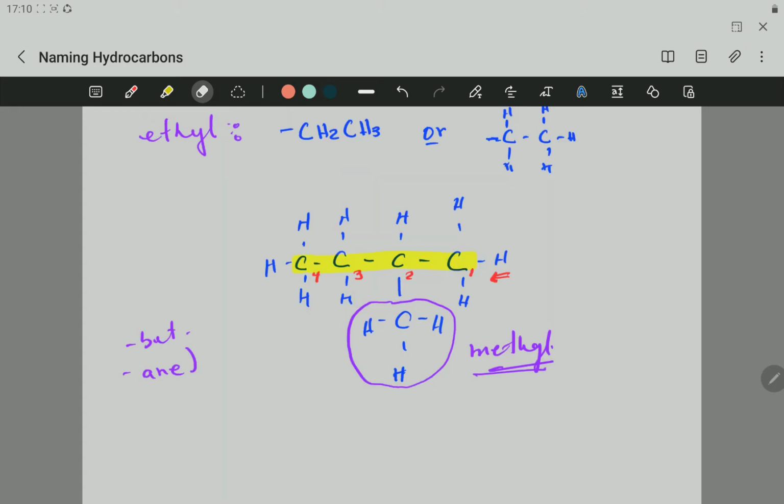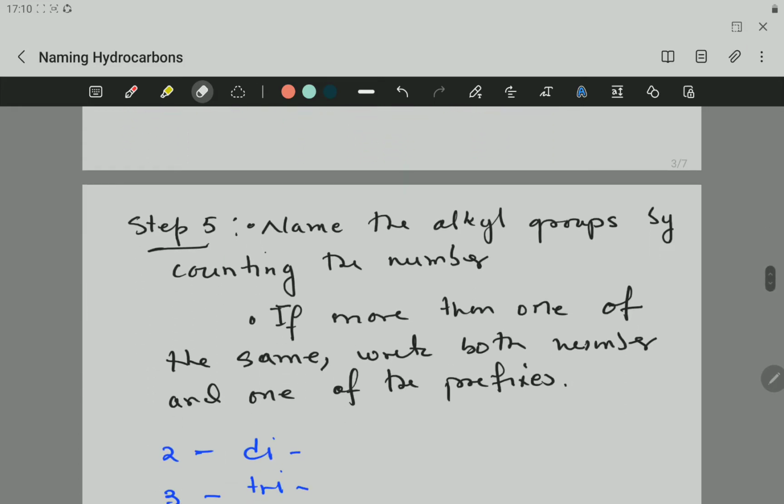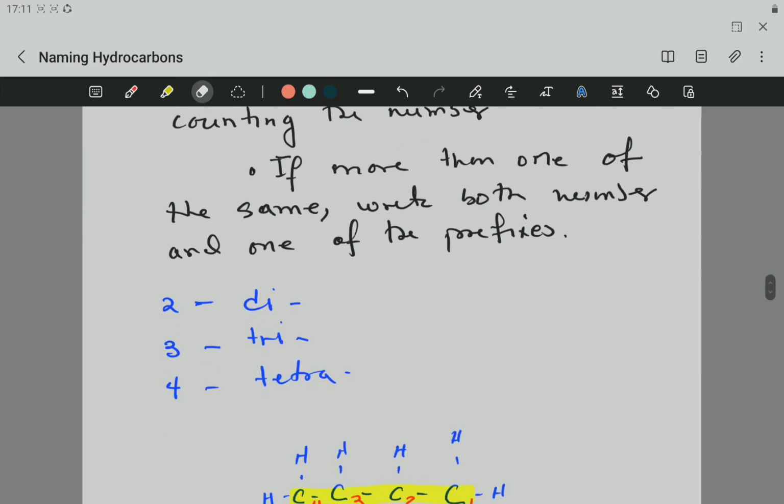Now, step 5, name the alkyl groups by counting the number. If more than one of the same, write both numbers and one of the prefixes. So if you have more than one of the same, for example, a methyl, you can write, this is just an example, 2,3-dimethyl. Do you understand this part here?